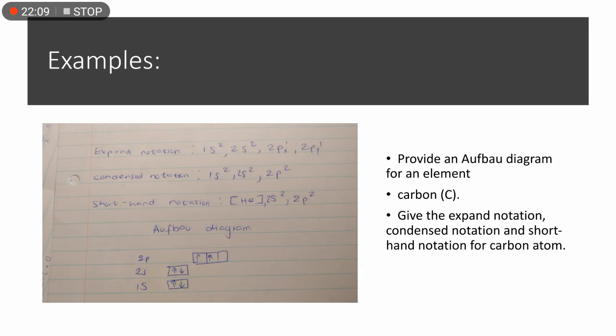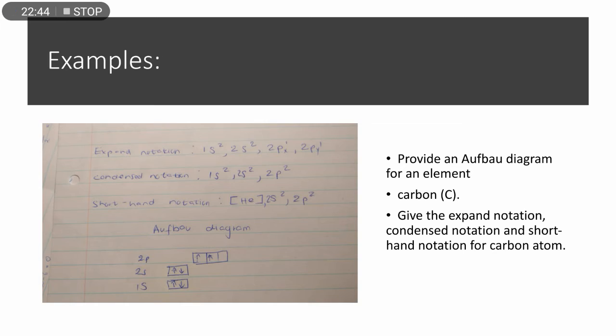The Aufbau diagram on the first energy level has been occupied. The second energy level has been occupied, not forgetting the principle of the Aufbau diagram. Now we go to the second energy level, but on the p orbital, to show you what I've been saying about the expanded notation.